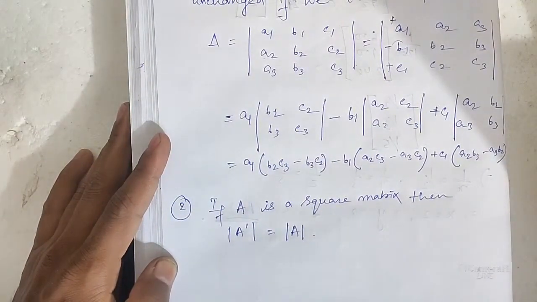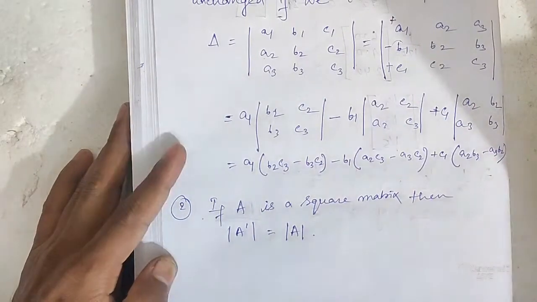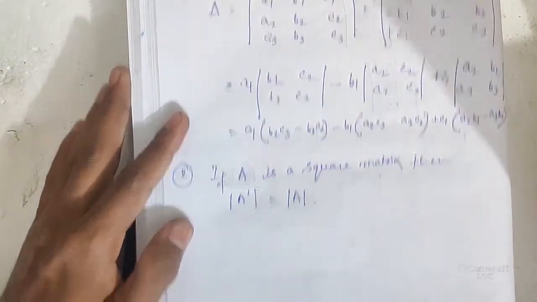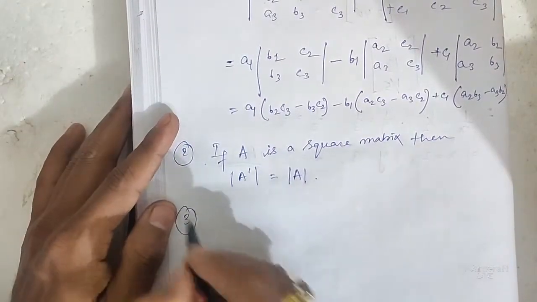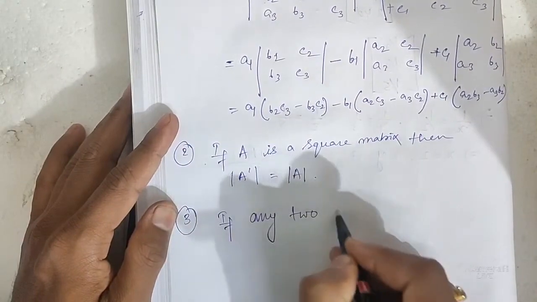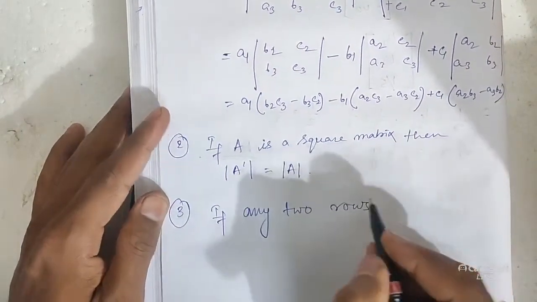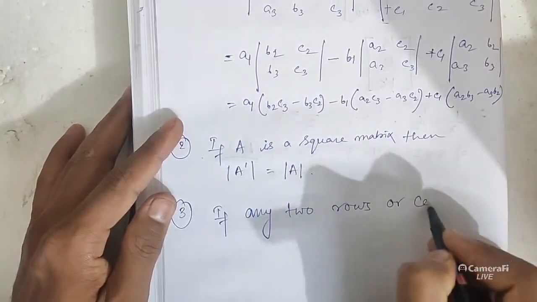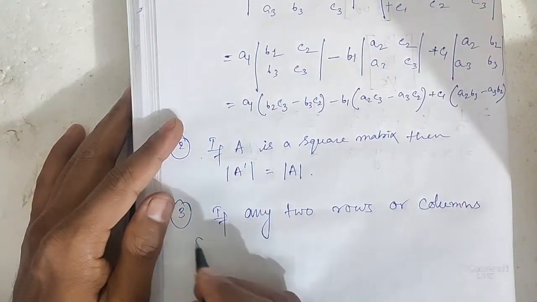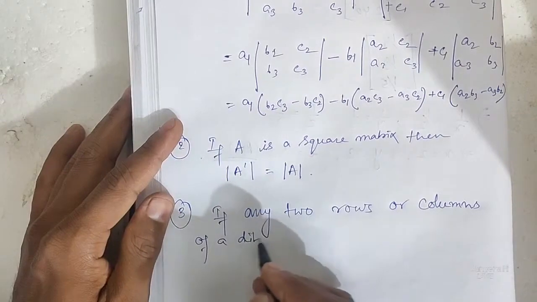Number 3 property is, if any two rows or columns of a determinant are identical, then the value will be 0.